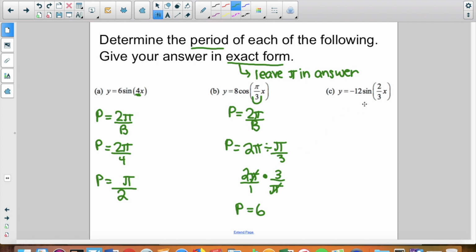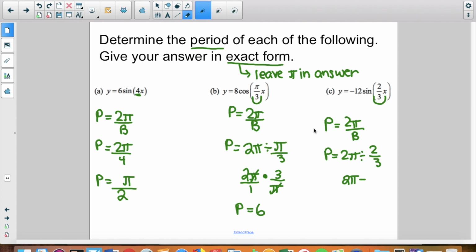Now looking at the last one, our frequency is 2 over 3. So period equals 2 pi divided by b. I'm going to write it with the division symbol so we know to use keep, change, flip. So keep, sorry, that should have been a change.